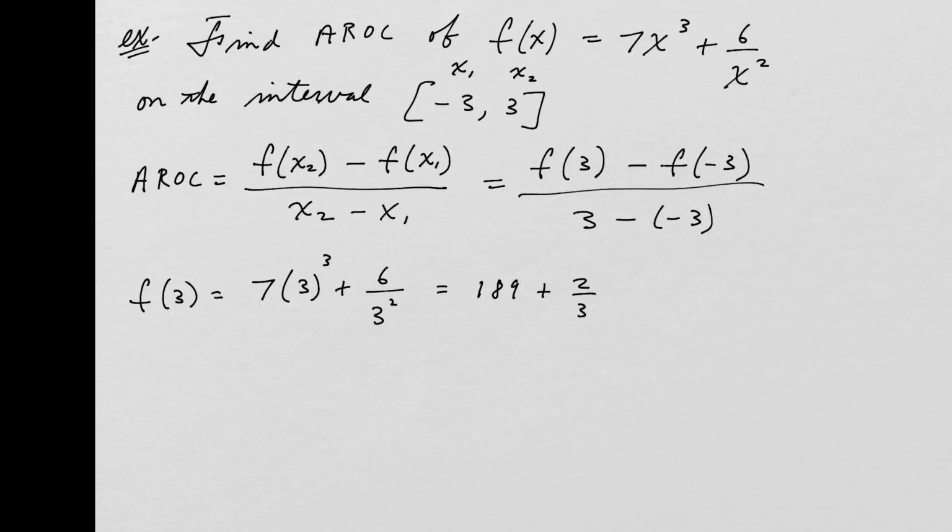If you want to simplify this further, you can rewrite both of them with the same denominator, multiplying by 3 over 3. So this turns out to be 567 thirds plus 2 thirds, which is 569 thirds.